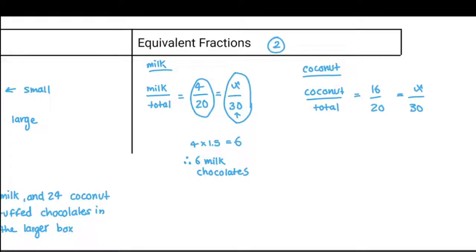So now we can multiply 16 by 1.5 to get our x value. And that should give us 24. So therefore, there are 24 coconut stuffed chocolates.